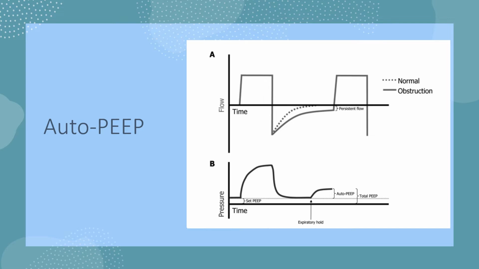This is an example of how I time or a quick respiratory rate can create what is known as auto-PEEP. And I wanted to show you the graph of this right here. What happens is this time here to here is your I time. So the patient exhales. As they're exhaling, they keep on going here all the way down here.